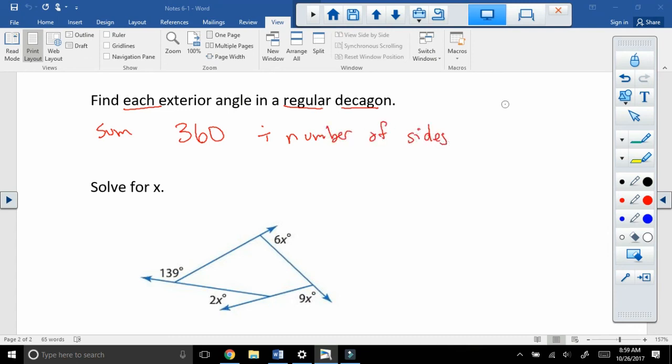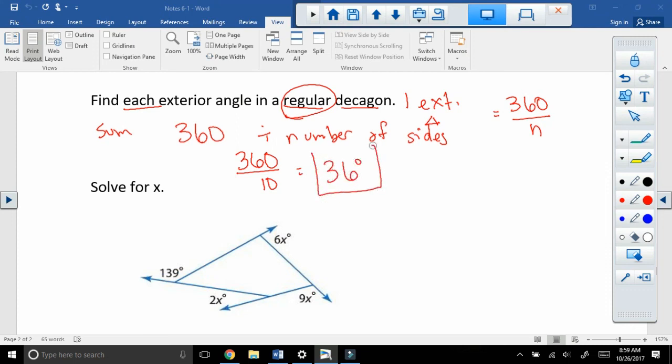So if you want a formula, you could just do 360 divided by the number of sides. That's going to equal your one exterior angle. And this is only for regular shapes where all of the exterior angles are going to be the same. So in this case, I would have 360 divided by 10 sides, so that exterior angle equals 36 degrees.